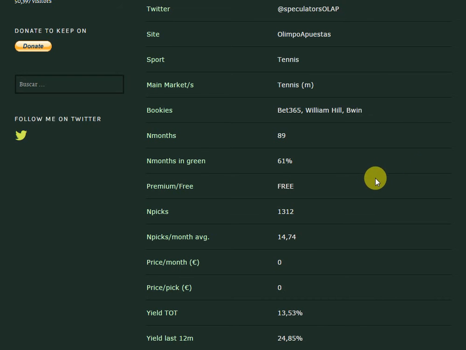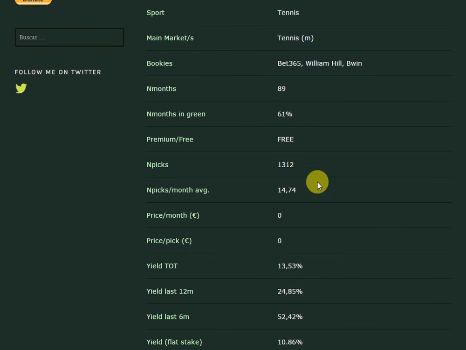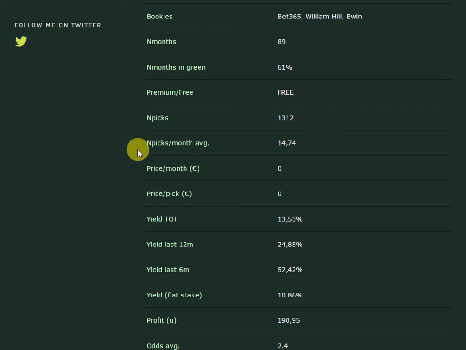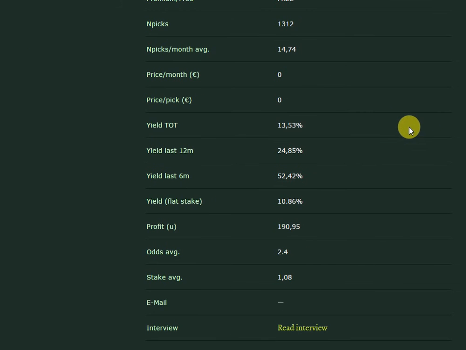Yeah, this is a free tipster with 1,312 picks record. Note that the average of picks per month is about 15. There is no cost associated because it's a free tipster.